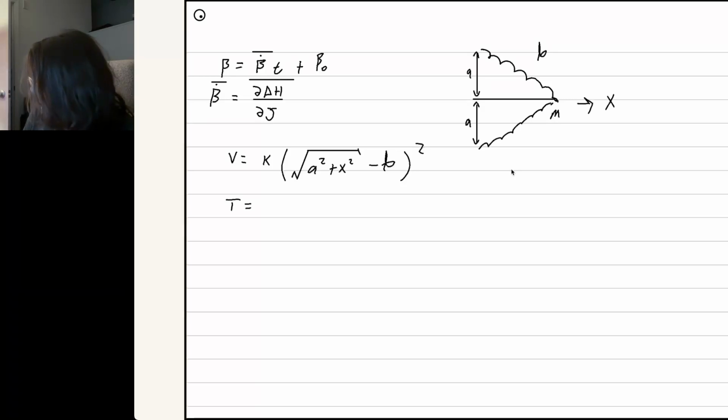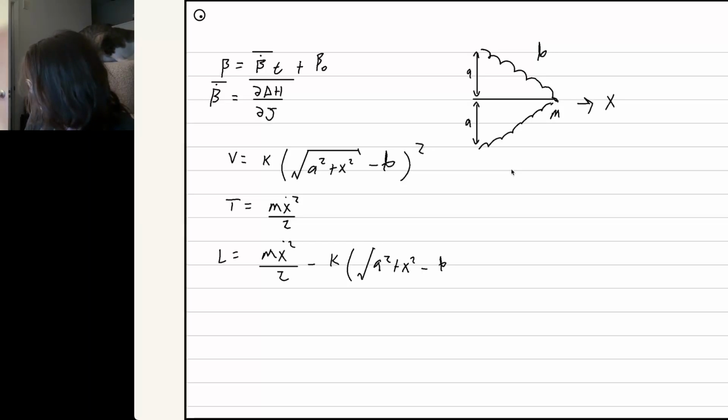And the kinetic energy term is very simply m x dot squared over 2. So the Lagrangian is m x dot squared over 2 minus k times square root of a squared plus x squared minus b, squared.